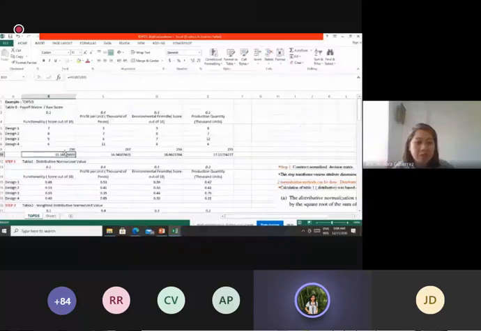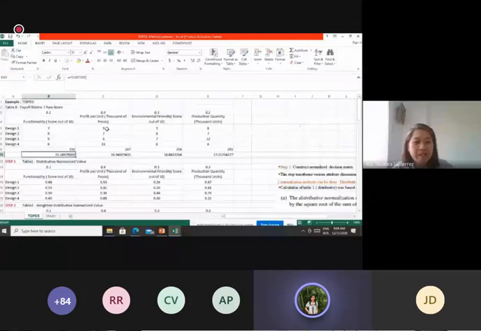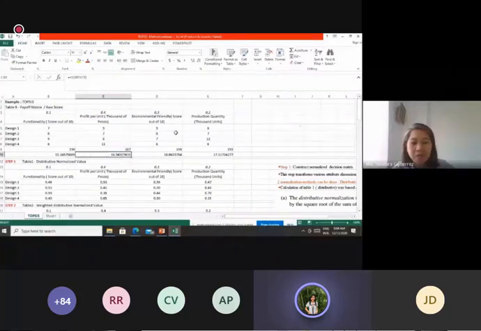So after getting the square root, we will proceed with the remaining criteria. The same, we get the summation of the squares of the element, and get the square root. 9 squared plus 7 squared plus 6 squared plus 11 squared is 287, and the square root of it is 16.941. The same goes with the remaining criteria.